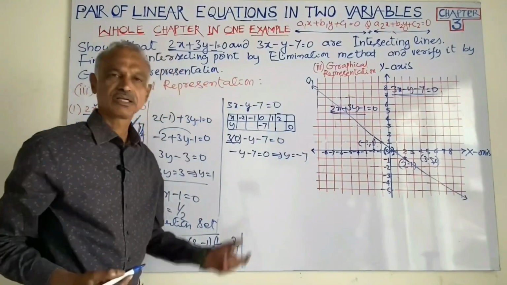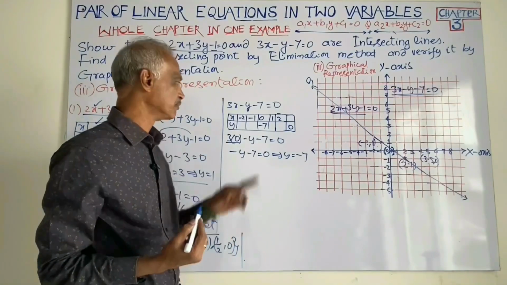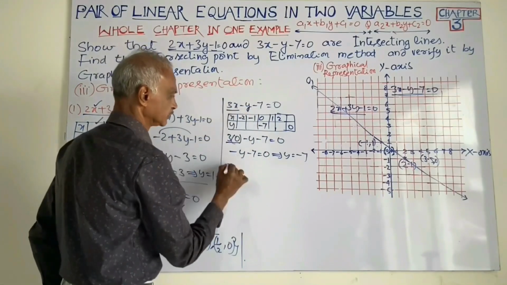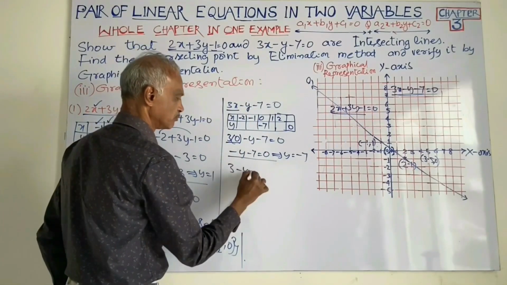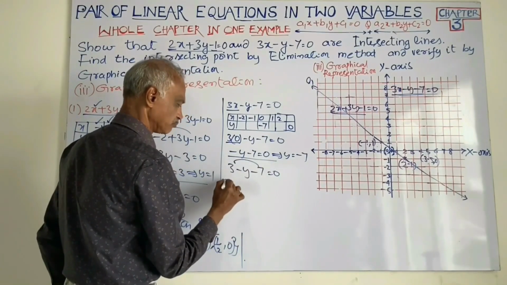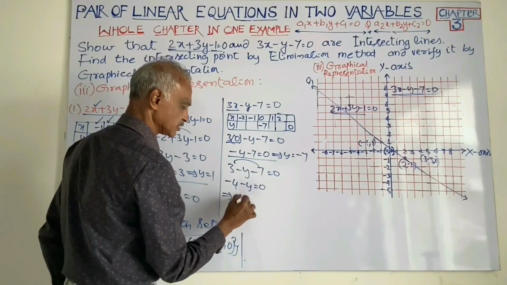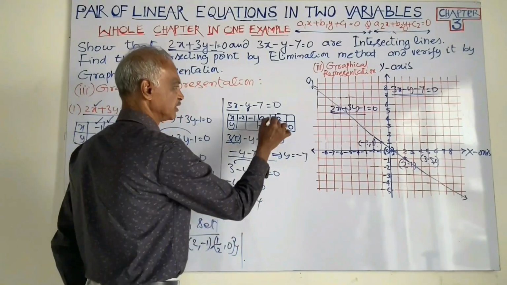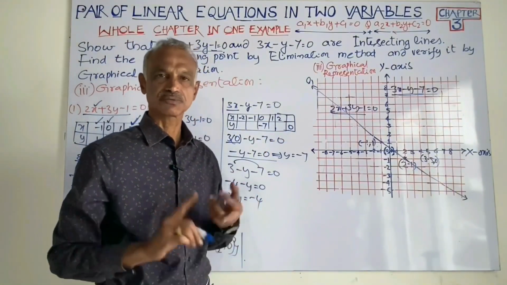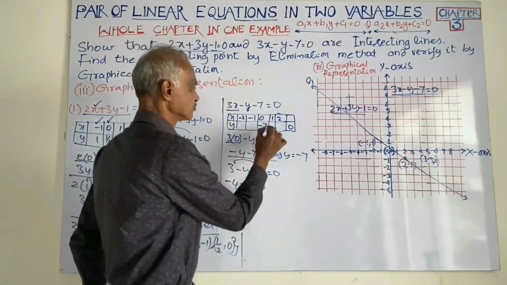Let us substitute 1: 3 into 1 is 3, 3 minus y minus 7 is equal to 0. Then 3 minus 7 is minus 4, minus y is equal to 0 gives y is equal to minus 4. When you substitute 1 in place of x, you get y as minus 4.